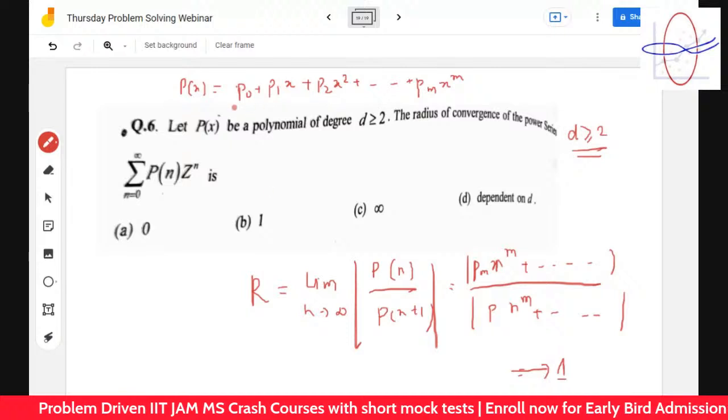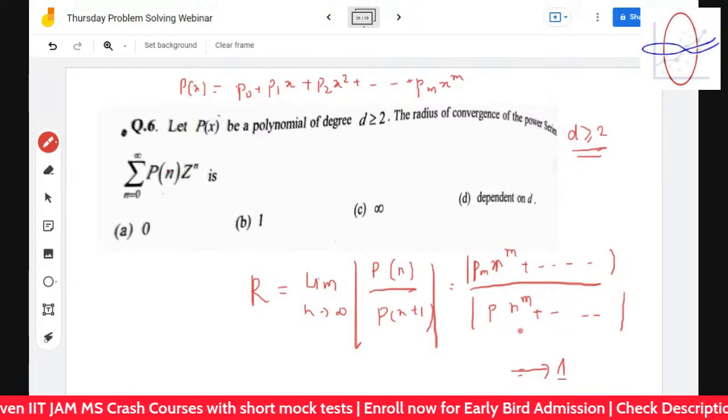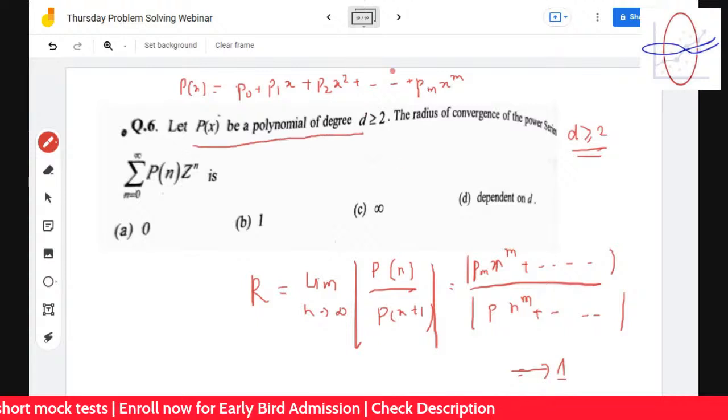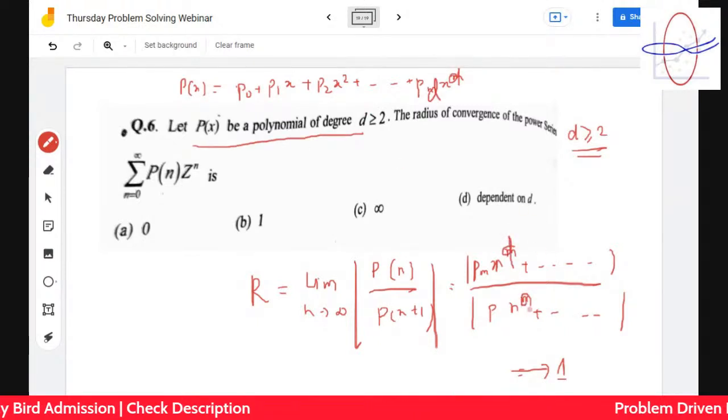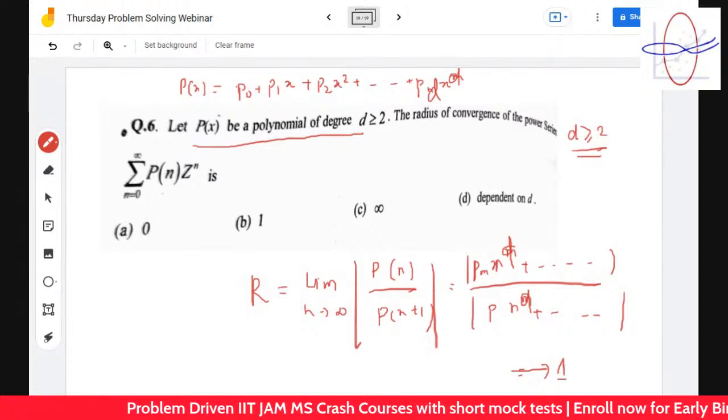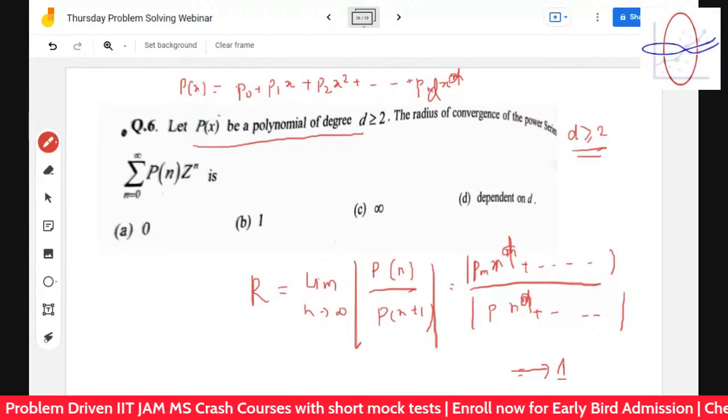No, the degree will not be n plus 1. It's p of n plus 1. p(x) is always a fixed polynomial of degree d. Oh, the degree will be d. Okay. Did you understand, guys? The idea.